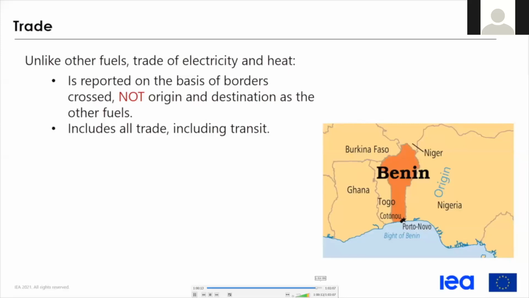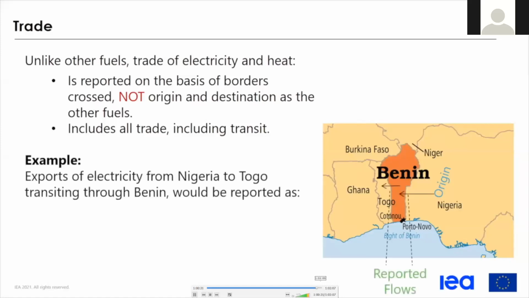Let's take an example to see it a little more clearly. Here we have 3 countries, Togo, Benin, and Nigeria. Let's imagine that Togo is importing electricity from Nigeria through the network of Benin. Those 3 countries would have to report the flows as follows.